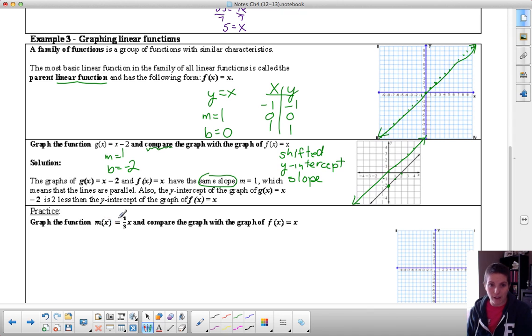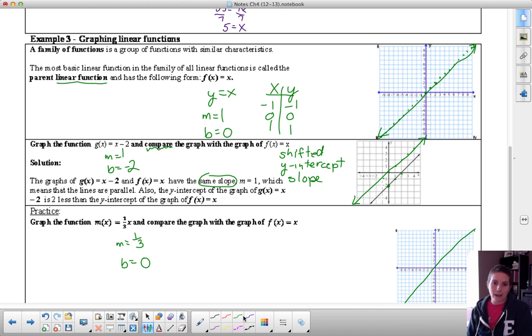Graph the function m of x is equal to 1/3 x. So they named our function Molly. Molly has a slope of 1/3 and a b value of 0. And we're going to compare that to that parent graph. Alright, now I'm going to put my parent graph in green. Not very cleanly, but you should do yours nice and pretty.